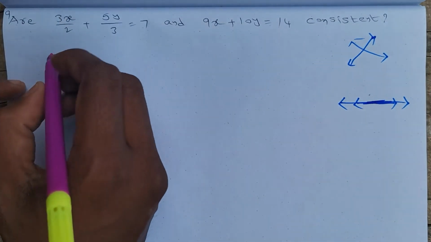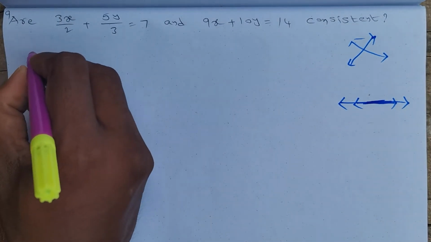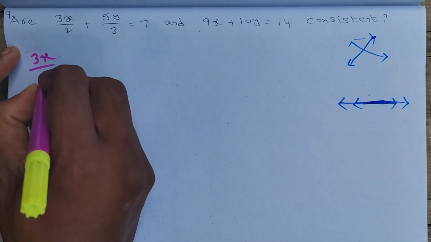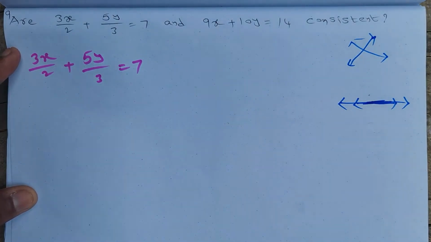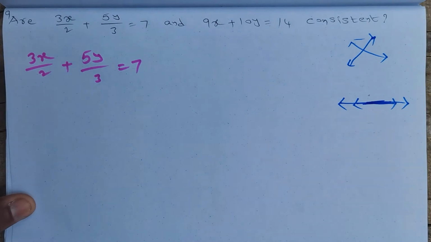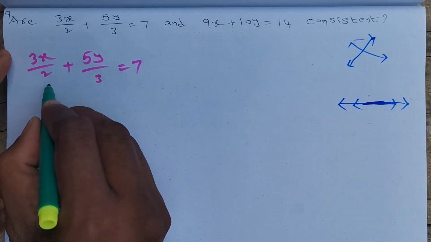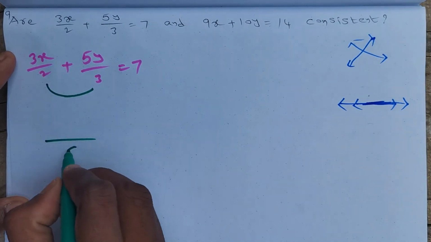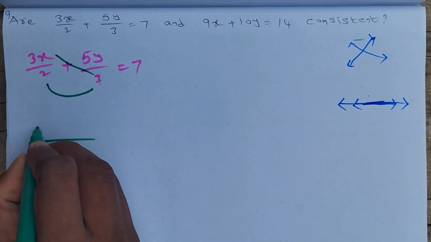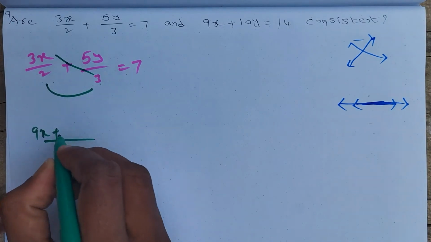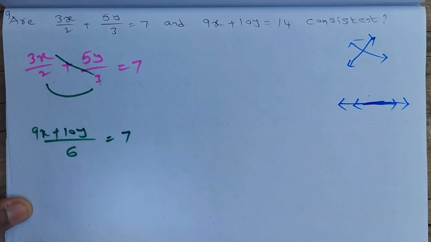The first equation is 3x/2 + 5y/3 = 7. Here both the denominators are different, so I will multiply the denominators. 2 threes are 6, then cross multiplication: 3 into 3x is 9x, plus 2 into 5y is 10y, equals 7.